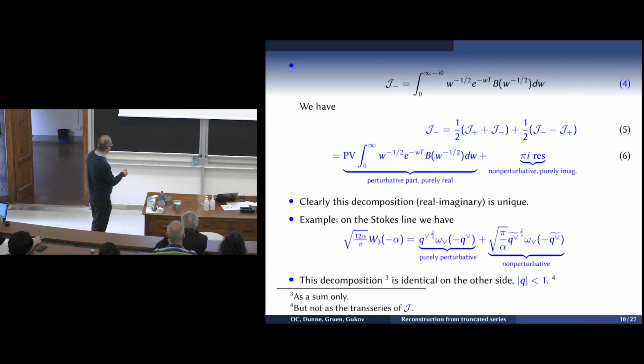If you calculate all this, you get the following relation, holding on the other side: the Mordell integral is this combination of omega of minus q and omega tilde of minus q. It's on the other side, that's why I put a v over there. Otherwise, it's exactly the Watson relation.